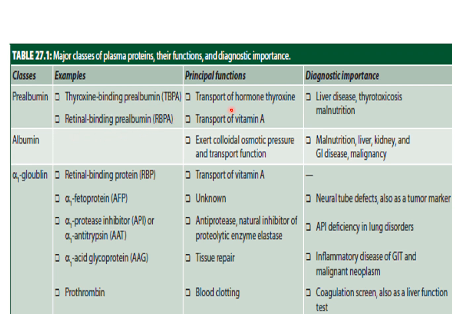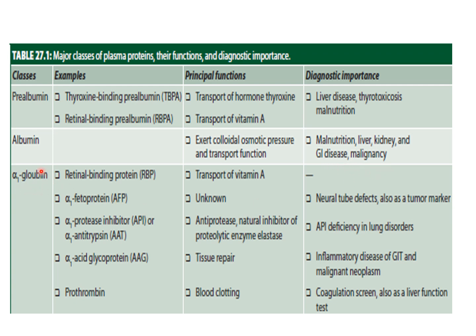Principal function is transport of hormone thyroxine, and RBPA transports vitamin A. Diagnostic importance lies in liver diseases, thyrotoxicosis, and malnutrition. Albumin exerts the colloidal osmotic pressure and transport function. Its diagnostic importance is in malnutrition, liver, kidney, and gastrointestinal diseases and malignancies.